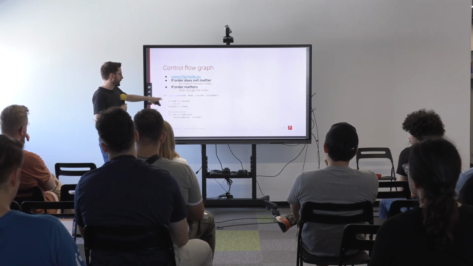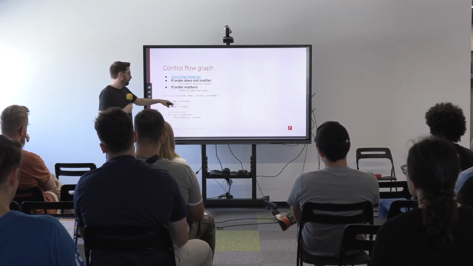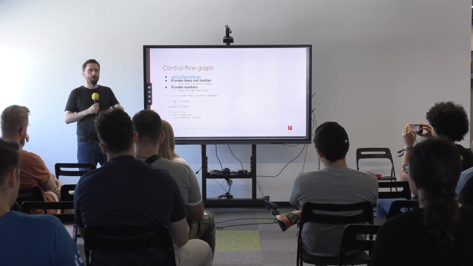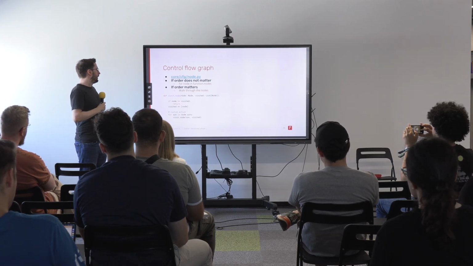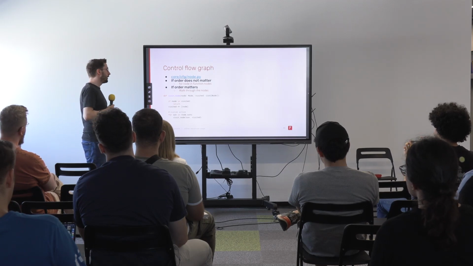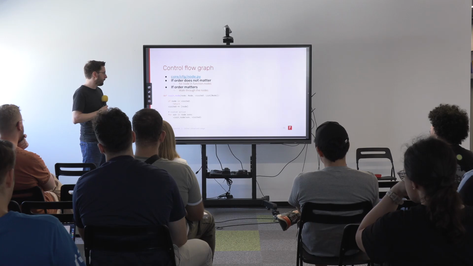And here you can use a pattern which is like a visitor pattern, where you take a node, you do whatever type of analysis you want, and you iterate over all the edges that are going out of the node.